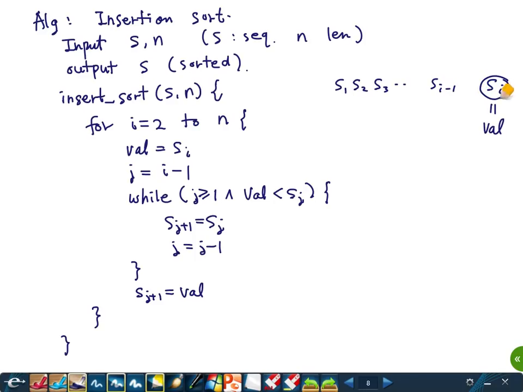We compare val with the rightmost number, and then the next one, etc. So first we compare val with Sj. But what is j? We are going to do this from the rightmost one. So j will be i minus 1 at the beginning. Then compare Sj and val.